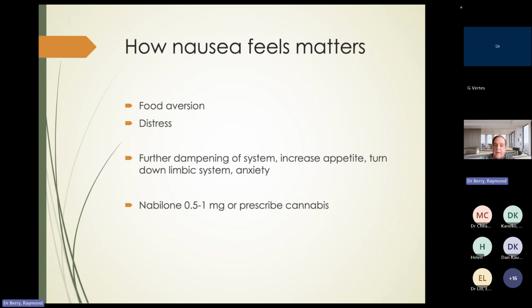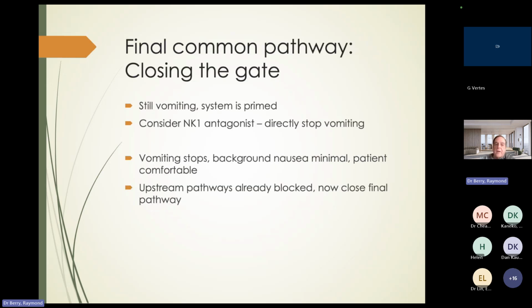And so he did this, and it improved appetite and he felt much better. One other medication. So this is the final pathway, and this is the medication I use in palliative care when I've really addressed the other pathways and there's still some vomiting. So this is, again, the system being primed.